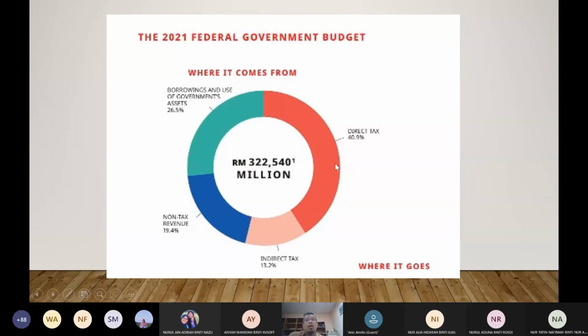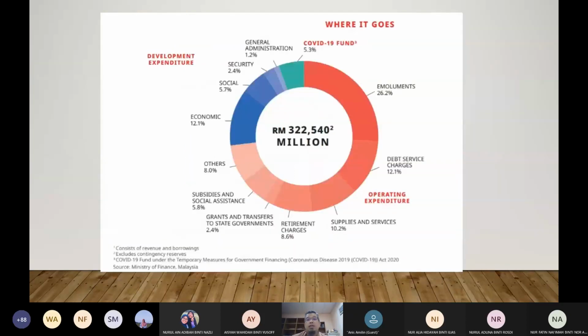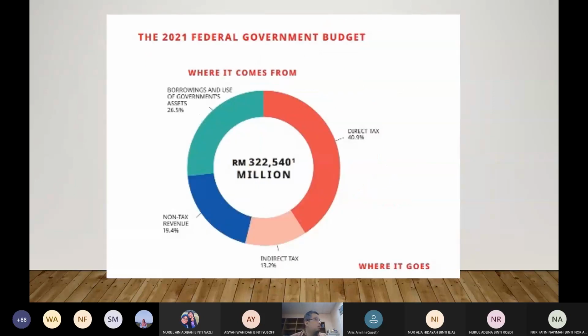If you look at tax in total, but this one is 2021, where definitely there is an expected tax reduction. So you can see the source here, direct and indirect tax, is around 54%.